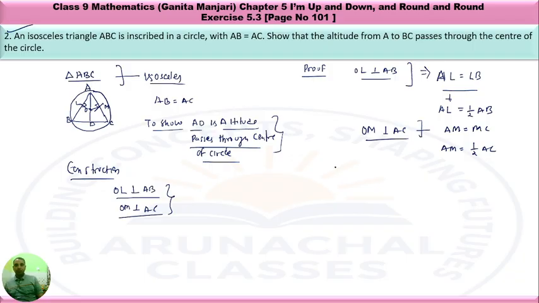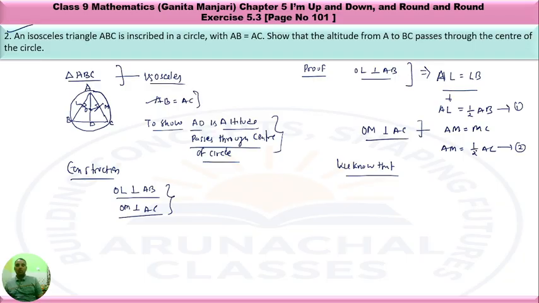Now we have this as equation 1 and this as equation 2. We know already in the question that AB and AC both are equal.